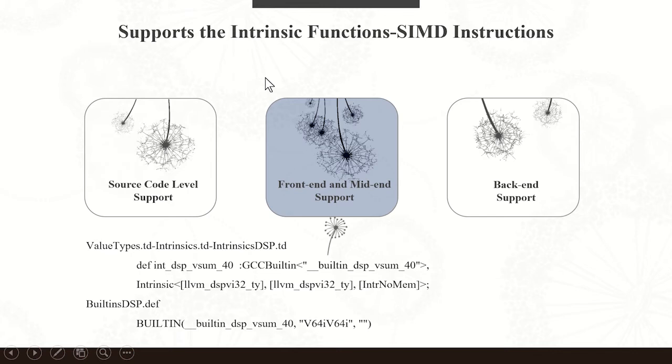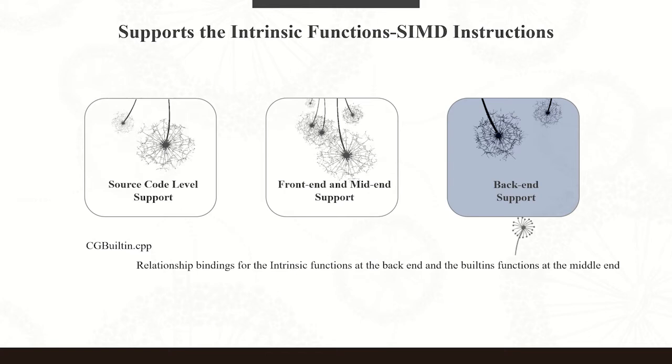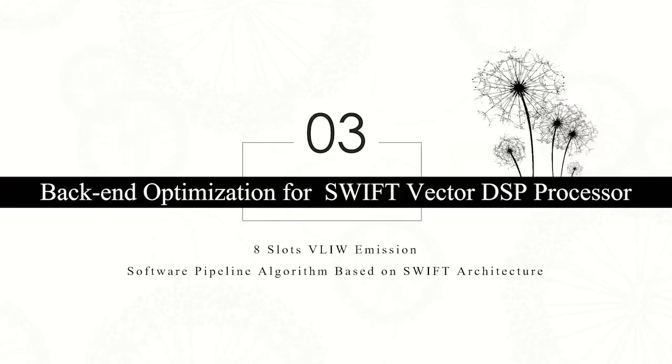Then I do a one-to-one mapping of the intrinsic functions on the front end and the built-in functions on the middle end. Finally, do the relationship bindings for the intrinsic functions at the back end and the built-in functions at the middle end. The third part merely includes two aspects.